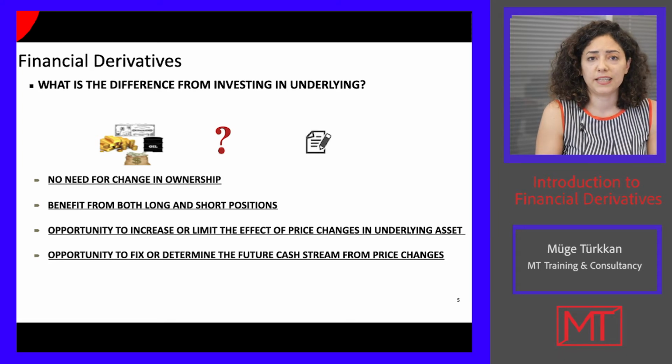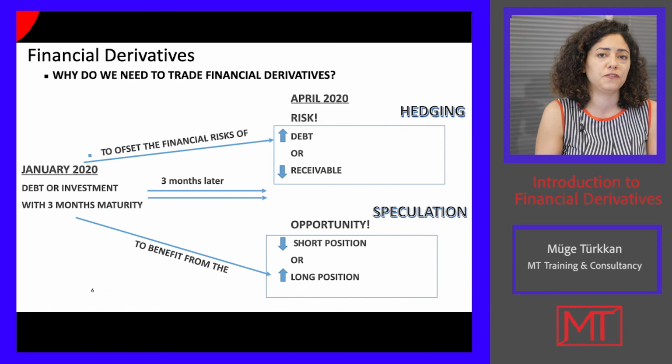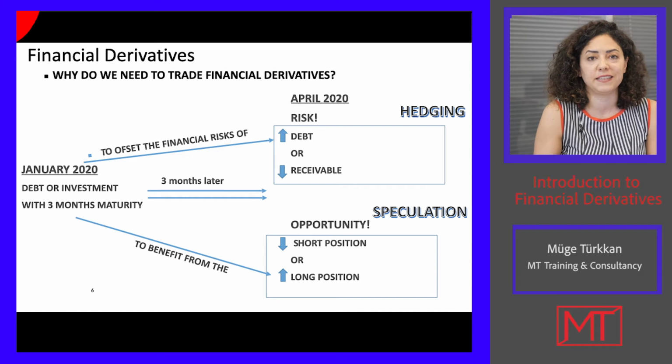That's actually called hedging. That's one purpose of derivatives. If you ask why we are trading derivatives, one of the main purposes is to offset our risks, mainly FX, commodity or interest. The most common example is that assume you are an importer and you have a payment 3 months later to your supplier in a foreign currency.